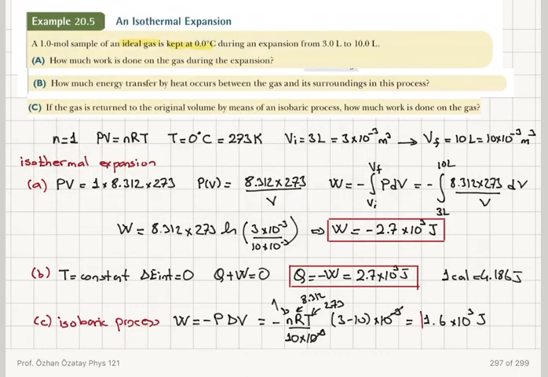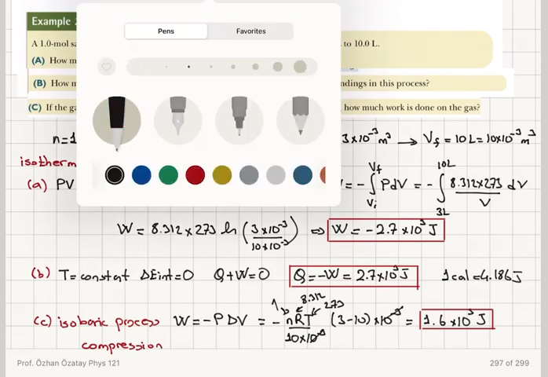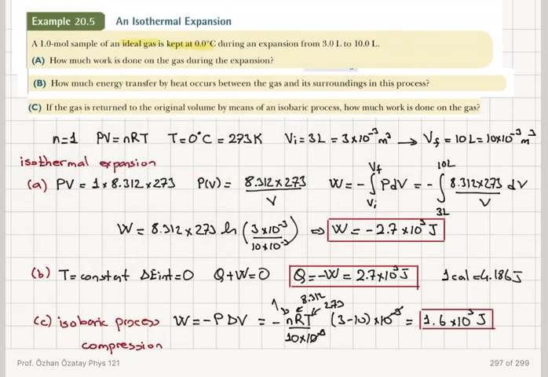The work done is now positive because this is an isobaric process. It's also a compression. If it's a compression, that means there is positive work done on the gas because the volume is decreasing. The work done on the gas must be positive.